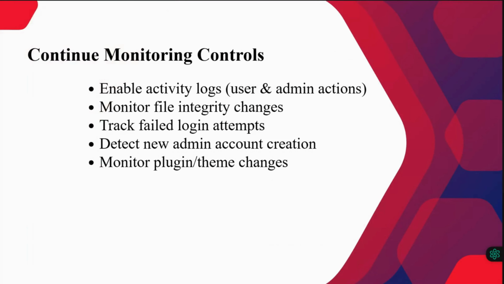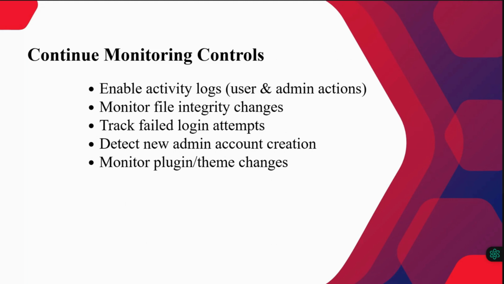Continuous monitoring controls. In continuous monitoring, enable activity logs for user and admin actions, monitor file integrity changes, track failed login attempts, detect new admin account creation, and monitor plugin and theme changes. Activity logs record actions taken inside your WordPress dashboard.